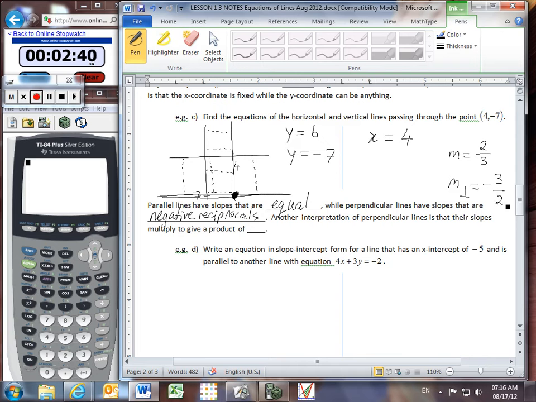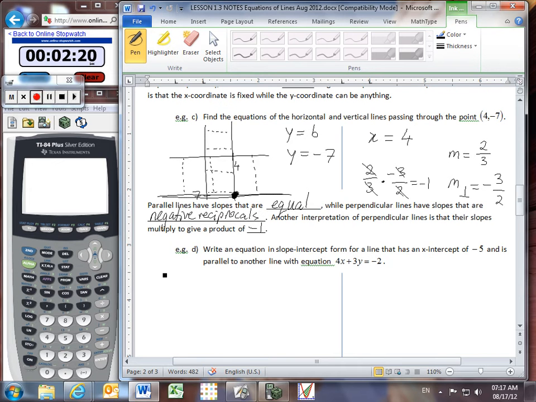One thing that you'll notice about these two slopes is that if I multiplied them together, the 2's will cancel, the 3's will cancel, and I'll be left with -1. And so the slopes always multiply in perpendicular lines to give a product of -1.